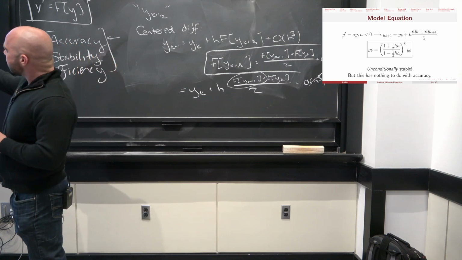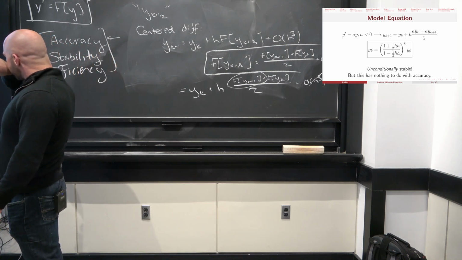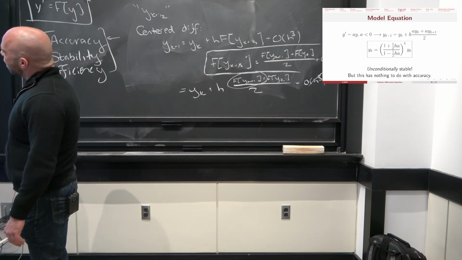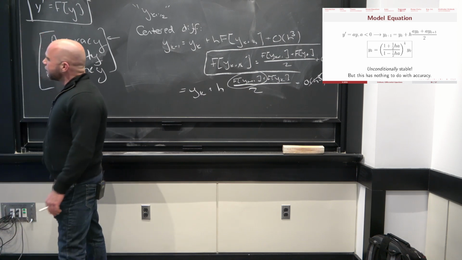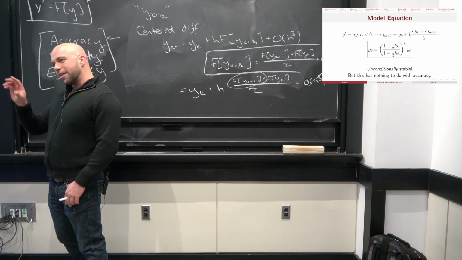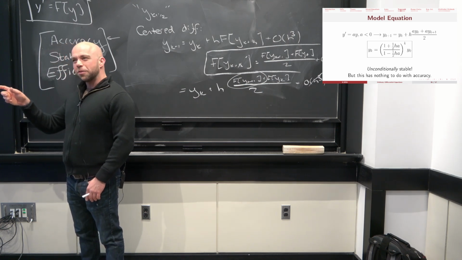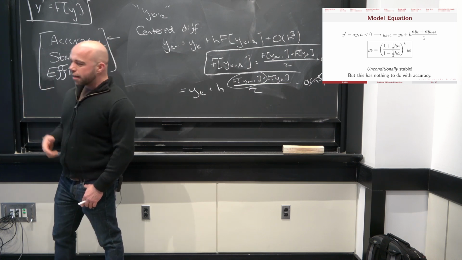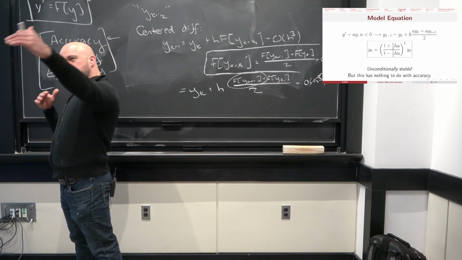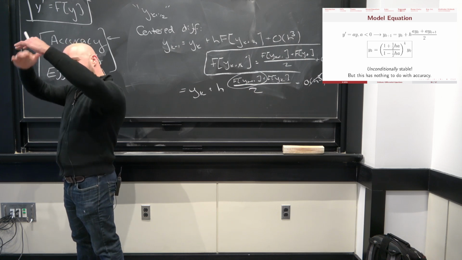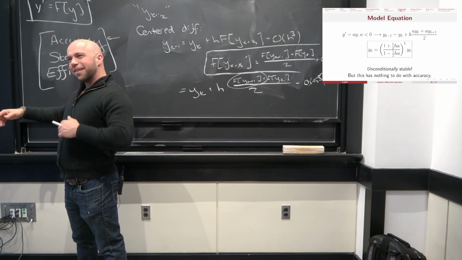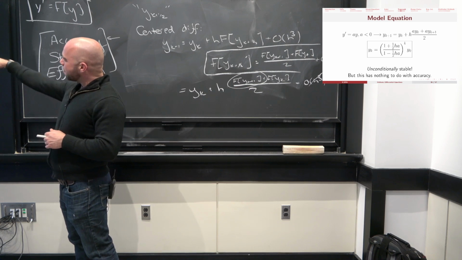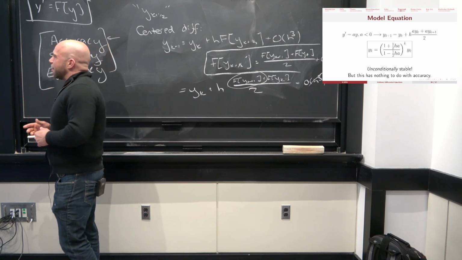So let's say that I'm solving y prime equals ay here, and I take a time step h. Remember that a being negative is the stable version of this problem, the one that's an exponential decay. And remember, what did it look like for backward Euler? If I took too big of a step in backward Euler, it just zipped to 0 quickly. What happens with a big step of this expression? Let's stare at it for a second.